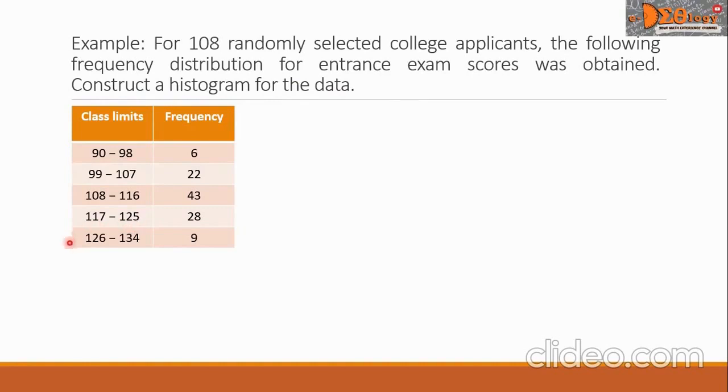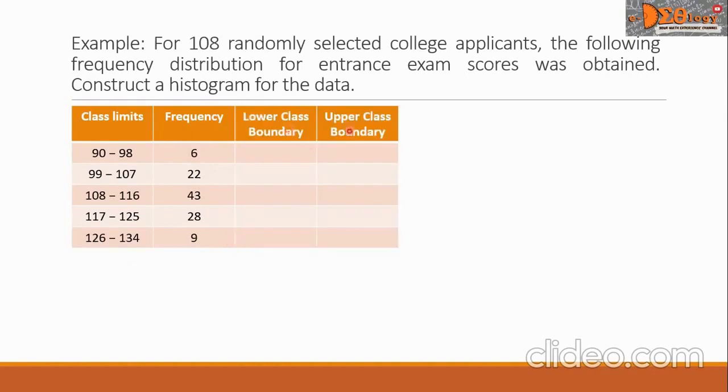The last class interval is from 126 to 134. The second column is for frequency. There are 6 observations for the first class interval: 22, 43, 28, and 9 for the other class intervals respectively.